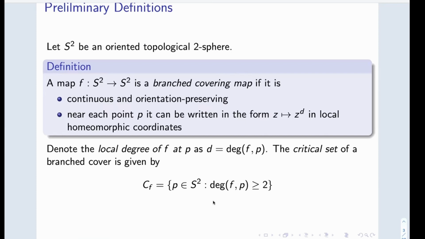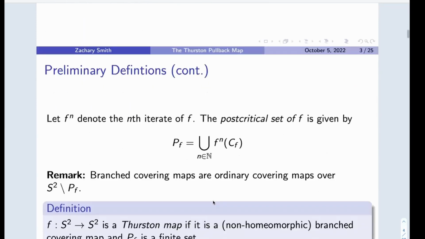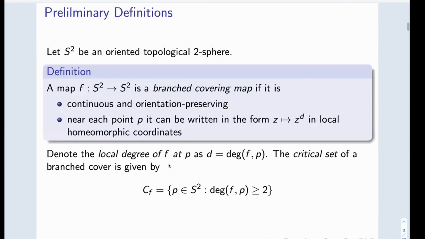In one of these coordinate neighborhoods, this integer d is what we call the degree of the function at that point. So a critical point is going to happen whenever this integer d is at least 2. So that was a branched covering map.